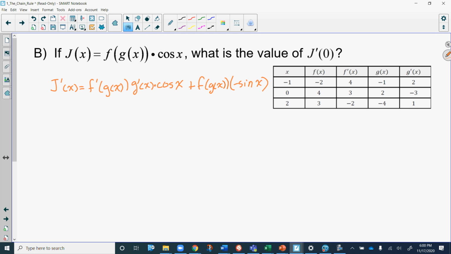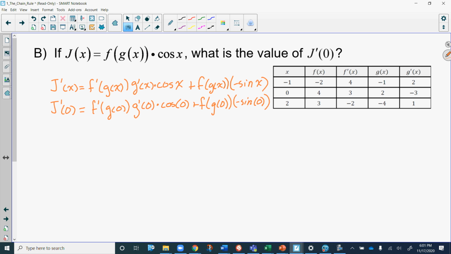And now that we have an expression for the derivative, we can start plugging in our value and simplifying it. So we'll say j prime of 0 equals f prime of g of 0 times g prime of 0 times cosine of 0 plus f of g of 0 times negative sine of 0.